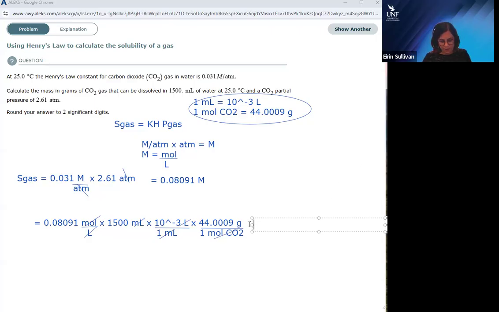So if I stick all that in my calculator, I end up with 0.121365 moles. Sorry, I've got to keep going. So grams, that'd be 5.34115 grams. Obviously, I'm going to need to get it to the right number of sig figs, which is 2 significant digits. So in this case, that'd be 5.3 grams.